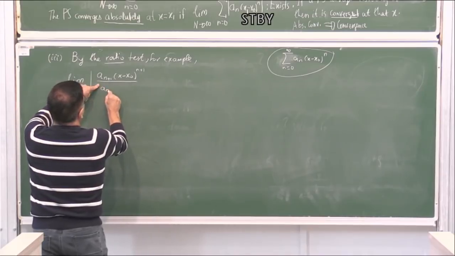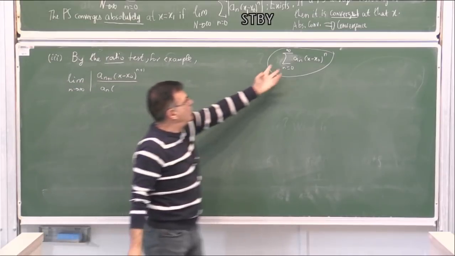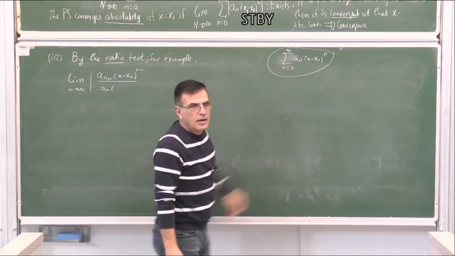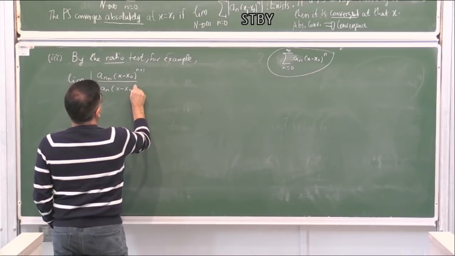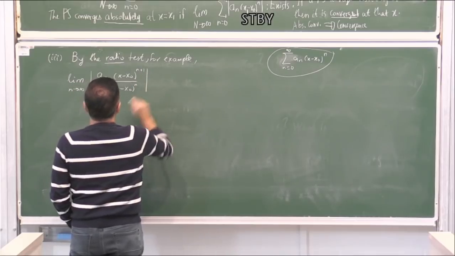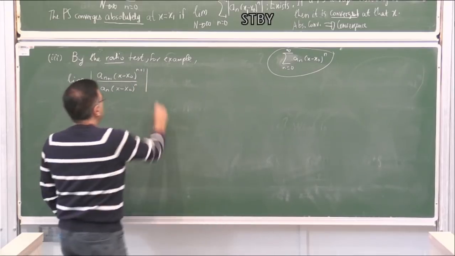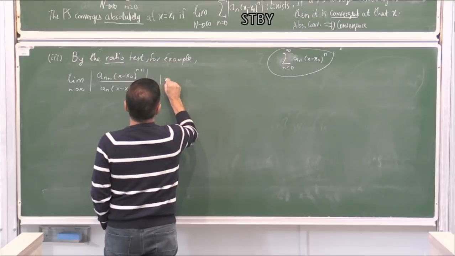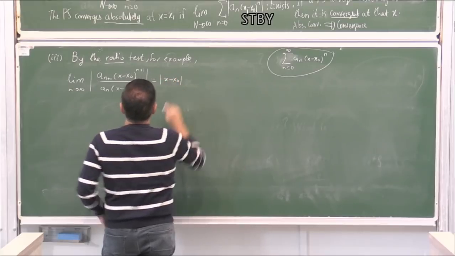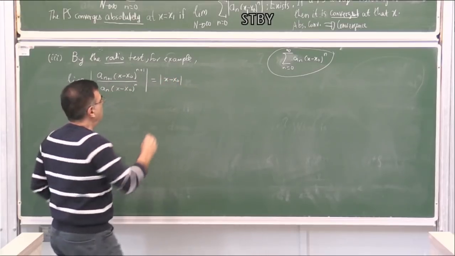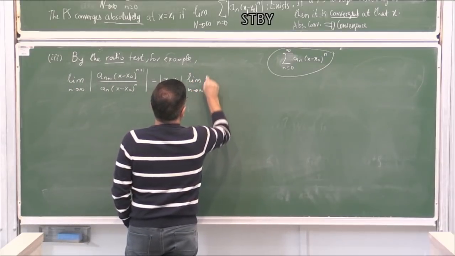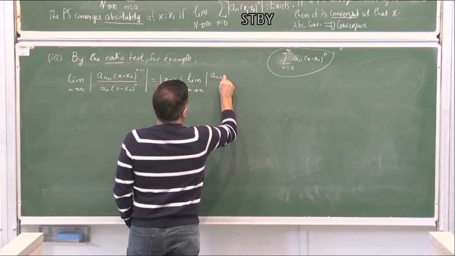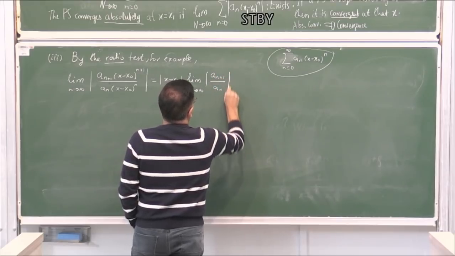So we consider the ratio of the n plus first term and the nth term, which is a_n (x minus x0) to power n. When we simplify it, we get |x minus x0| times the limit when n goes to infinity of |a_(n+1) over a_n|.